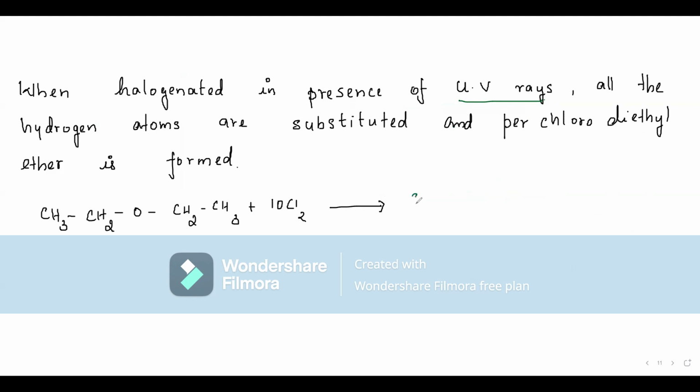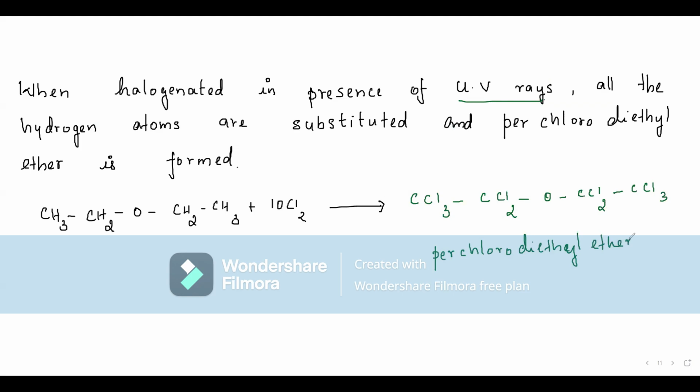So the result will be CCl3CCl2OCCl2CCl3, and this is called perchloro diethyl ether.